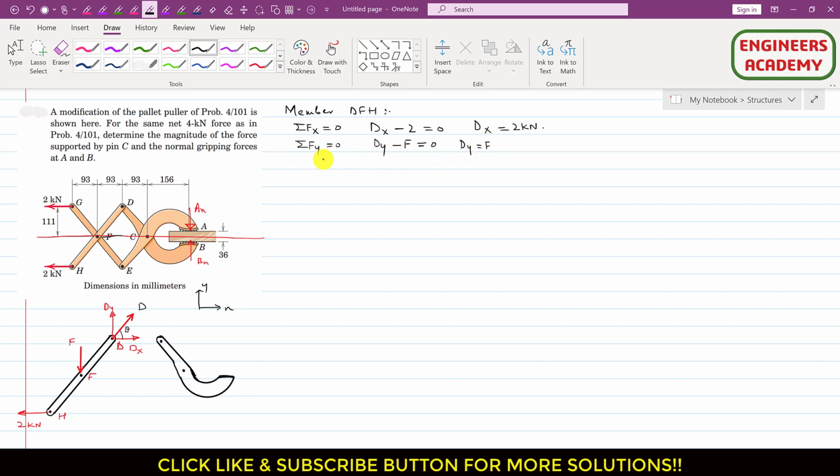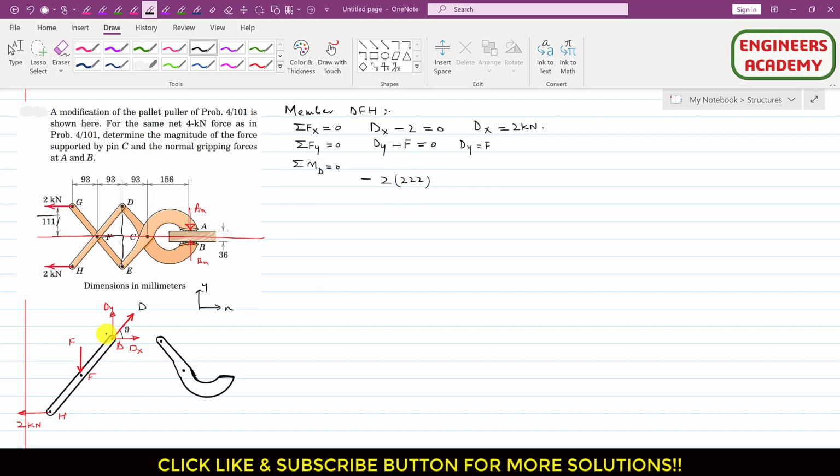So we have to apply one another equation. If I apply the summation of moment about point D equals 0, as we can see, this 2 kN force is producing the clockwise moment about that point D, so I will write minus 2, and the perpendicular distance of this 2 kN force from point D is this much. This DE distance is 111 plus 111, so 2 times 111, which is 222.